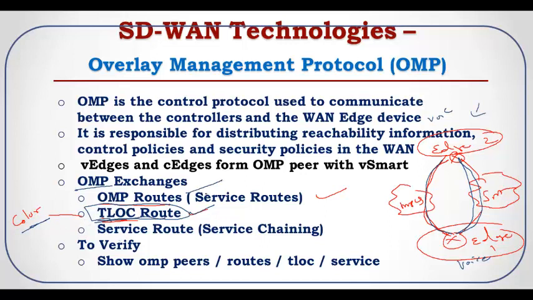OMP routes are the routes that show all possible paths to reach the remote LAN, the remote edge's LAN.